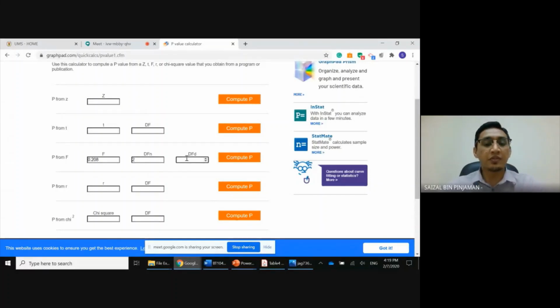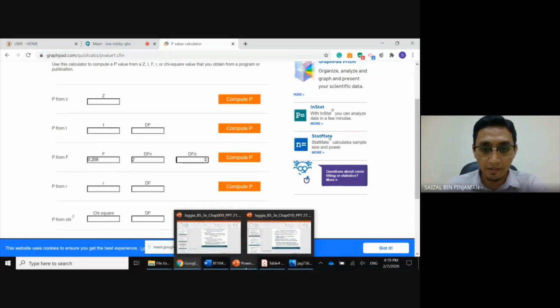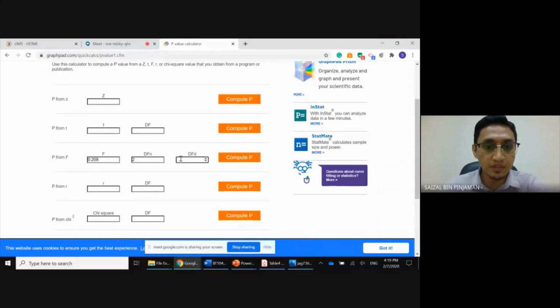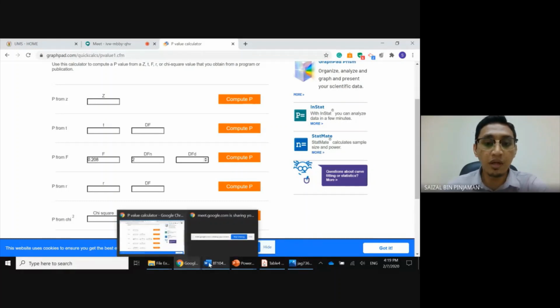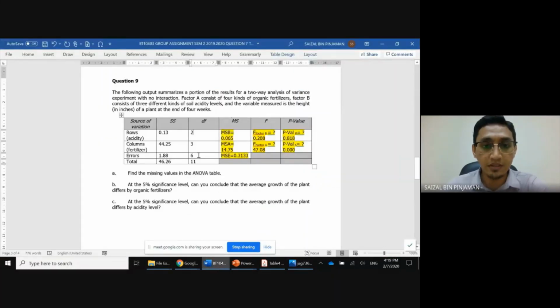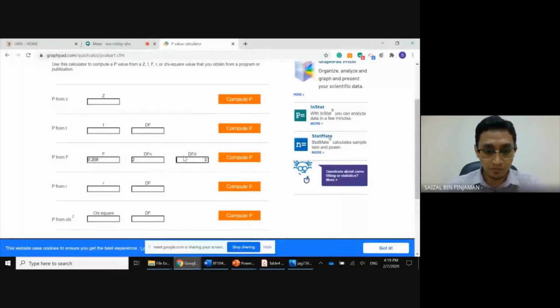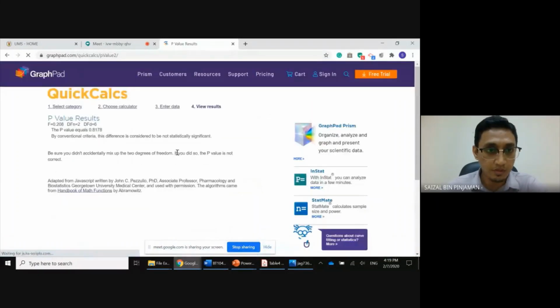The third piece of information is the degrees of freedom for the error, in this case 6. Let us see if we can get 0.818. Compute.